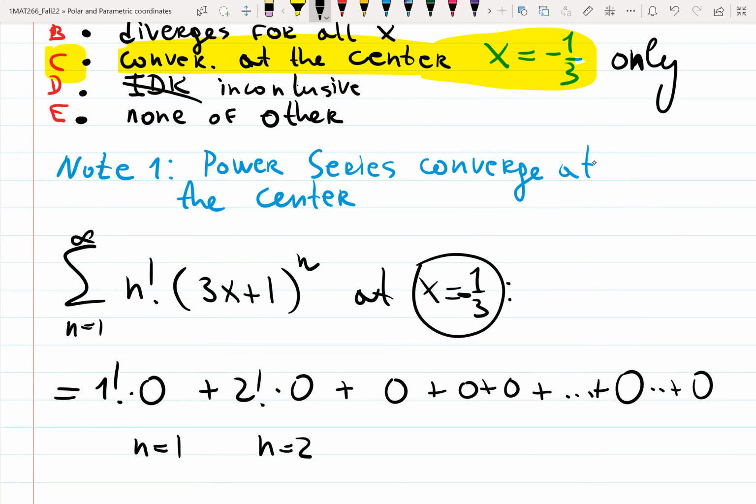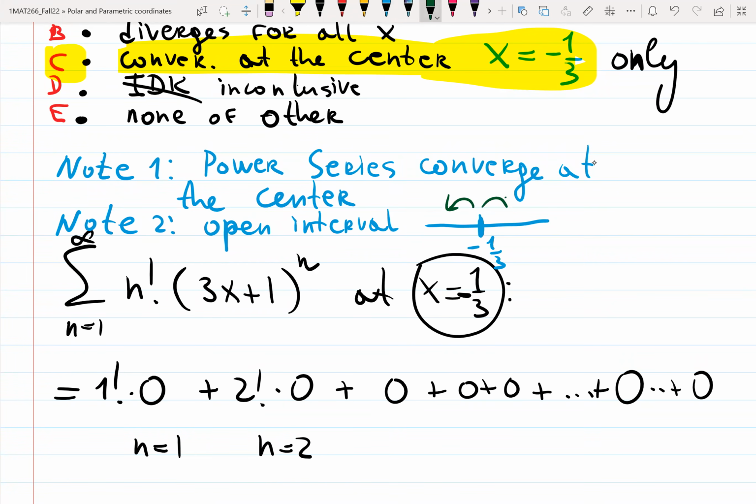Then it converges there. The problem is they ask us to find note 2: the largest open interval. Open interval, that's the thing. There's no interval anymore. There's no step away from the center, minus 1/3. Not even any kind of step can be done to move away from this point and stay safe.